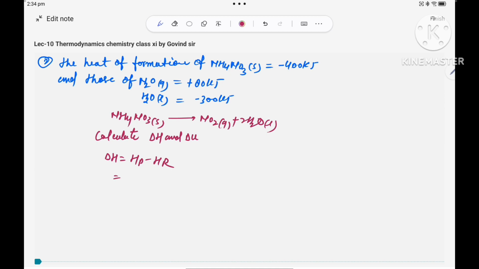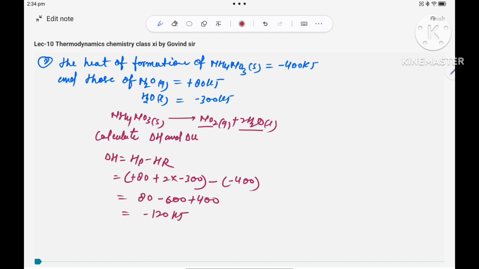So product is what? Both energy is given. So plus 80 plus 2 into minus 300 minus 400. So it will be 80 minus 600 plus 400. So it will be minus 120 kilojoule. So that is the delta H here.